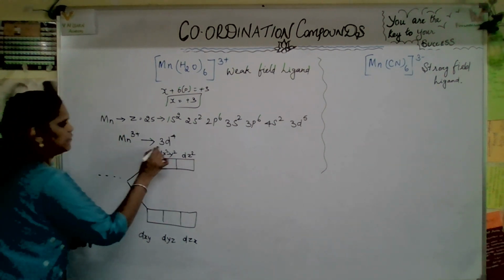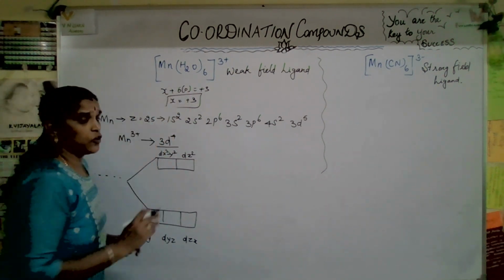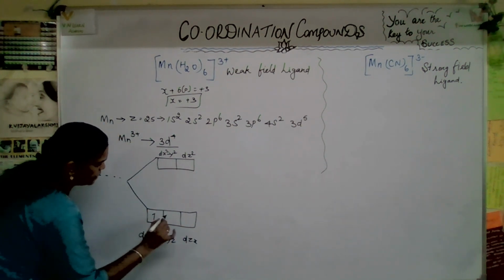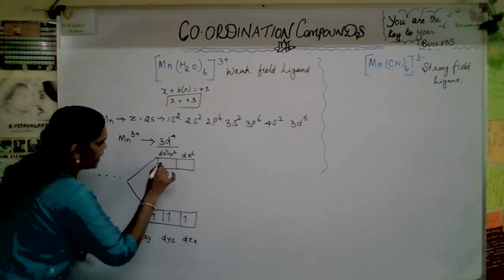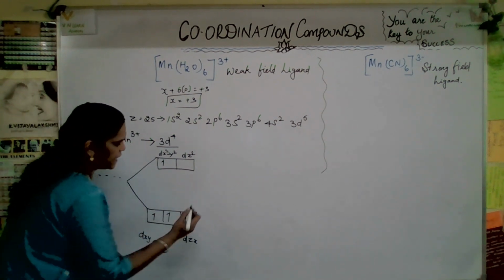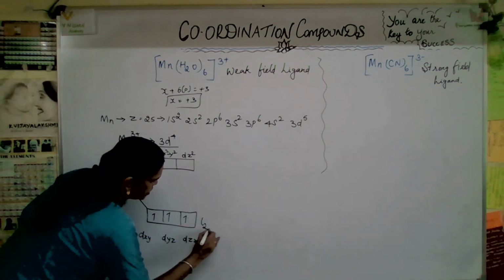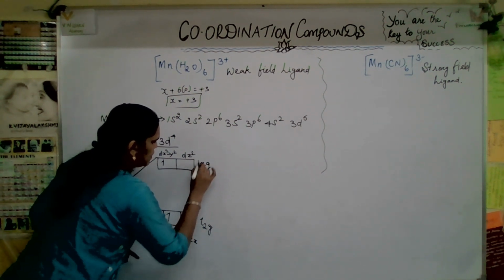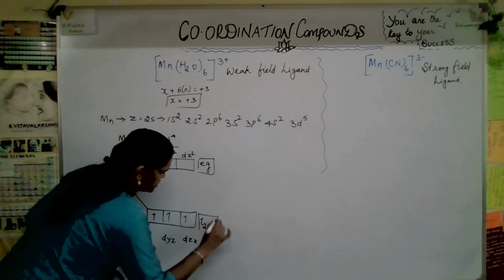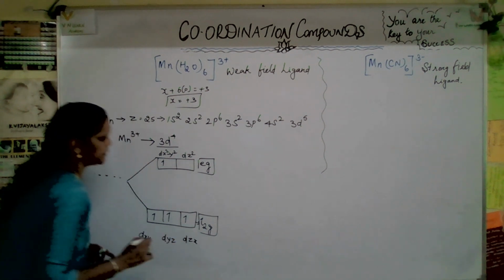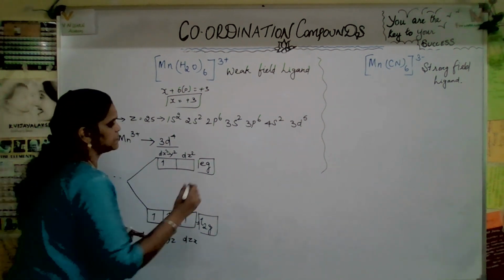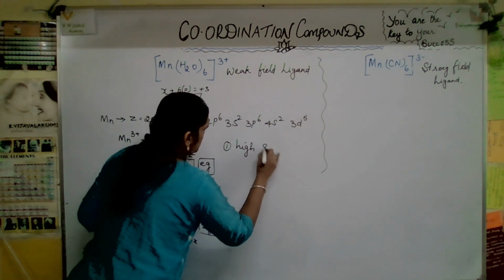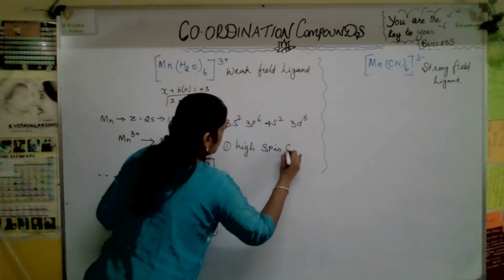Now 3d4, this is weak field. Weak field means can it pair up? No, it cannot pair up. 1, 2, 3 and 4. And here this is the t2g and this is the eg level. So is this low spin or high spin? Definitely it's a high spin complex.